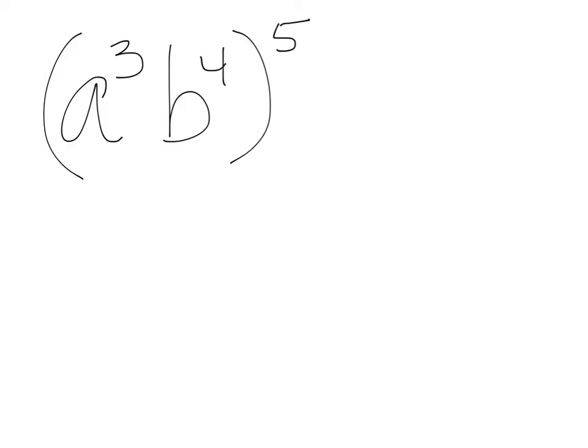Well, sometimes you can have more than one base inside the parentheses. Here we have an a as one base to the 3rd power, and we have a b as a 2nd base to the 4th power. So in order to handle this problem, we need to make sure that we multiply the outside exponent here times every exponent inside the parentheses.